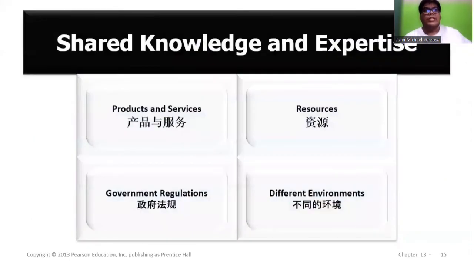Now, shared knowledge and expertise. So you can have shared knowledge, whether it's products or service, resources, government regulations. Probably one company might be an expert in products and the other is expert in services.